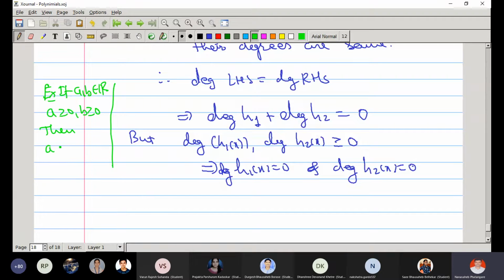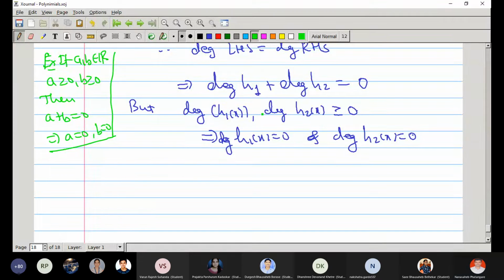So you try to prove this. If a and b are two non-negative real numbers and their sum is 0, then they must both be 0, no choice. So degree of h1 and degree of h2 are non-negative, their sum is 0, means degrees are 0.